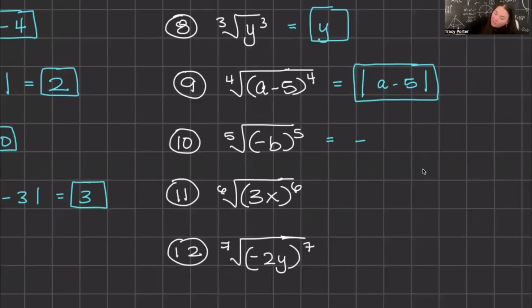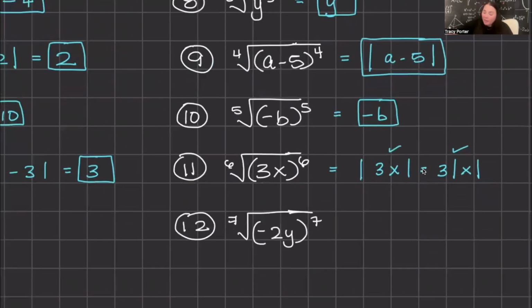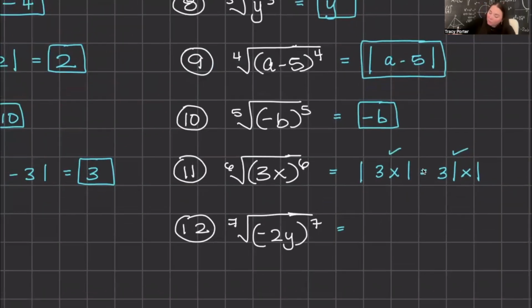Here we would say the answer is minus b. This one would be the absolute value of 3x. Since 3 is always positive, and we know that, you could even pull that one out and just write it like that. So either of these would then work. And then finally, the last one, we would just say this is minus 2y.